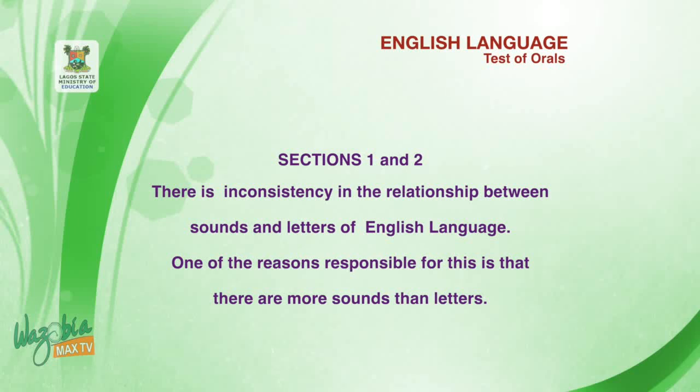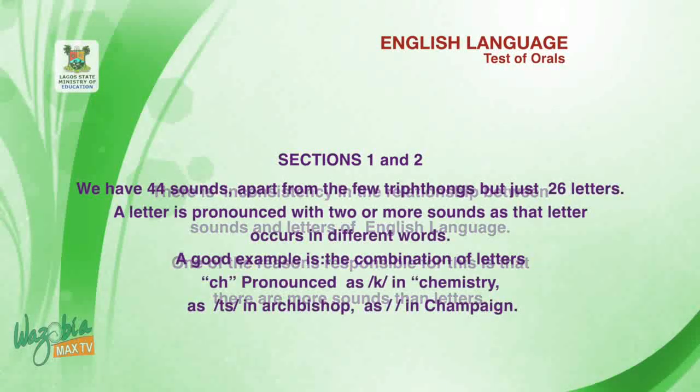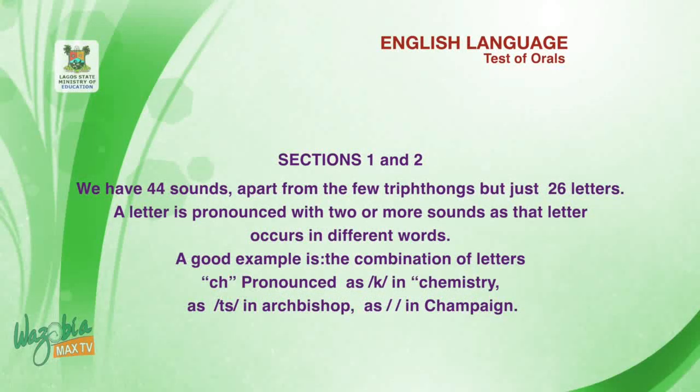We have 44 sounds, apart from the few triphthongs, but just 26 letters. And this brings us to a situation where a letter is pronounced with 2 or more sounds as that letter occurs in different words. A good example is a combination of C and H. CH pronounced as K in chemistry, as sh in archbishop, as sh in champagne.